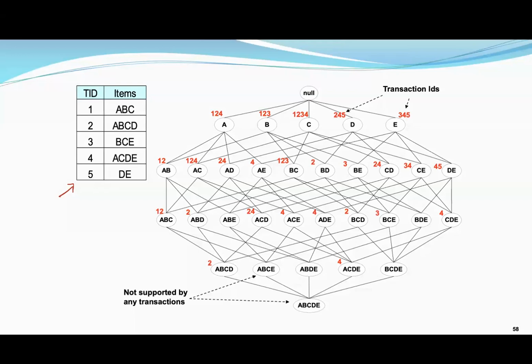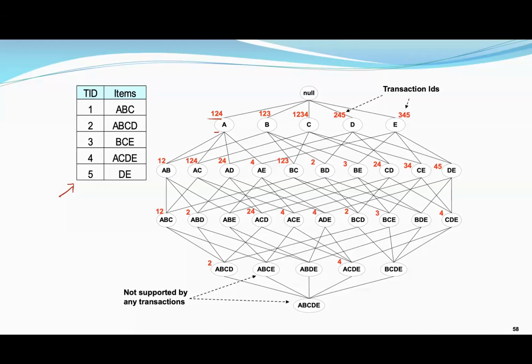For example, the item set A is labeled 1, 2, 4. It means that transactions 1, 2, and 4 contain A, so the item set A has a support count of 3.